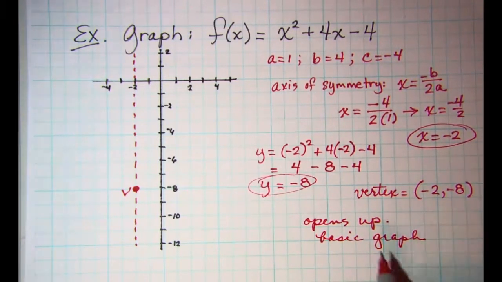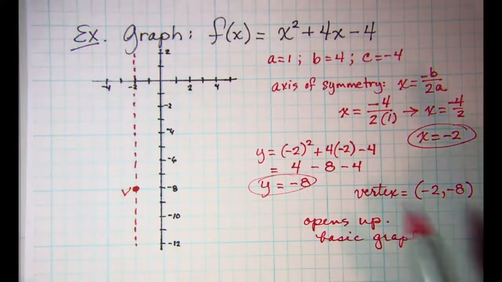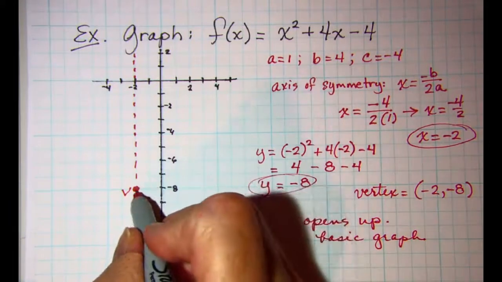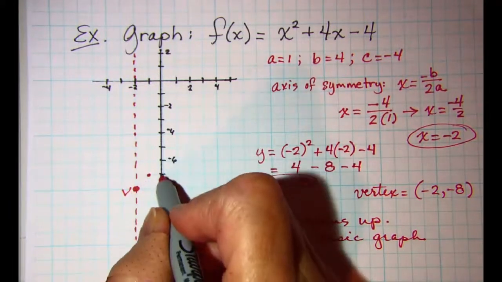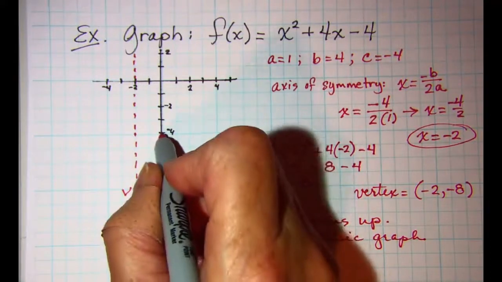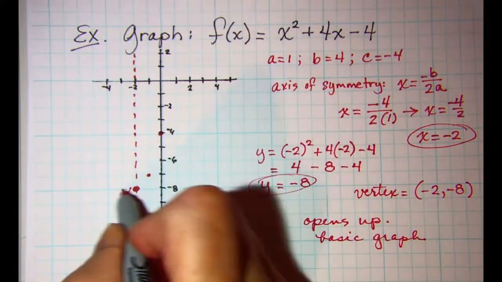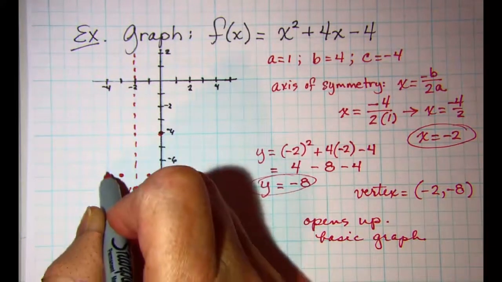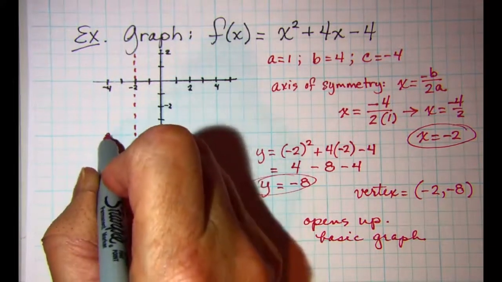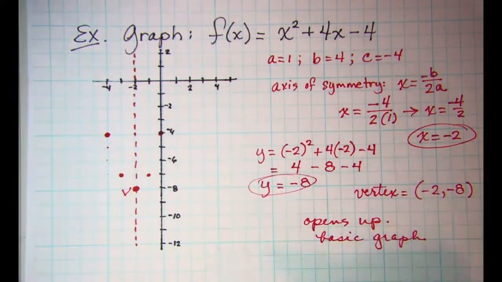So we're not going to do any stretching or shrinking. So if we open up then, go right 1, up 1, right 2, up 4, left 1, up 1, and left 2, up 4. There are a few points on my graph.